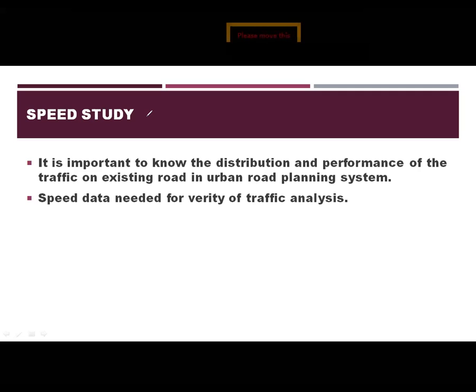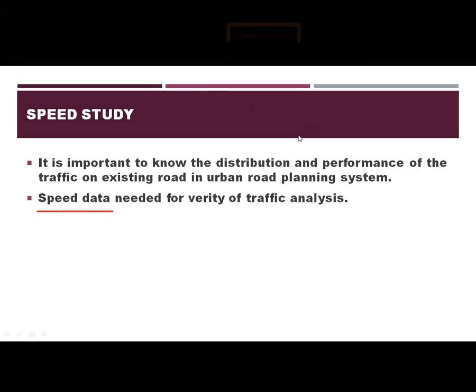Next was the origin and destination study, and now we are studying the speed study. We started in the last lecture with what the speed study is. What is the major part of a speed study? Speed data is needed for traffic analysis on existing roads.